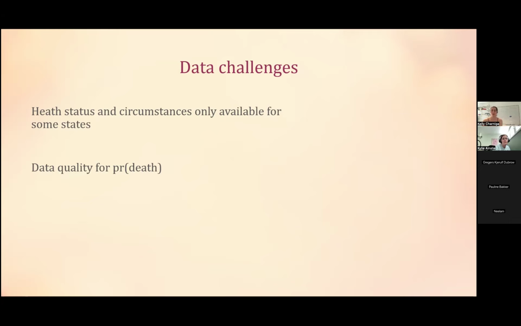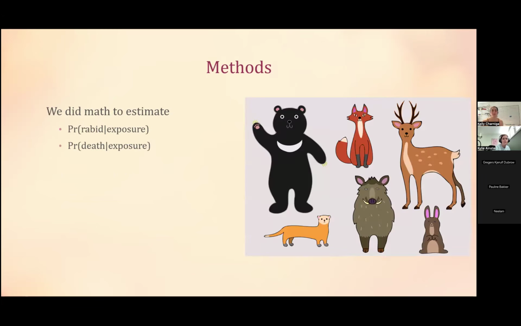Almost always they're going to try to get vaccine unless the vaccine is not available or they can't get to the treatment. So a lot of the information for this parameter comes from historical data, like very old data from maybe the 1800s or the 1900s.